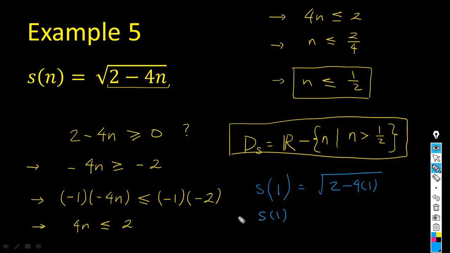And so s of 1 is equal to the square root of 2 minus 4, which is equal to the square root of minus 2. And there you crashed, because you're trying to evaluate a square root of a negative number. The function crashes. Red alarm. You cannot do this. So that's a counterexample. As long as you stick to numbers less than or equal to 1/2, you will be safe.